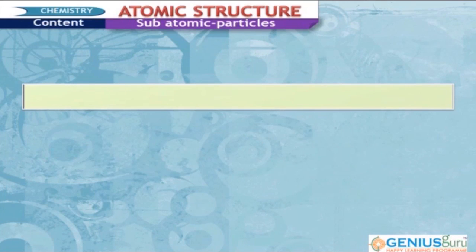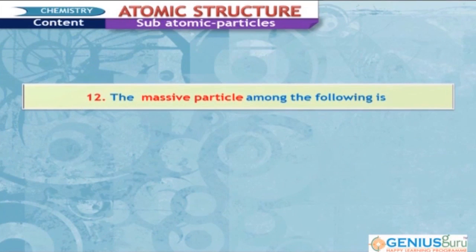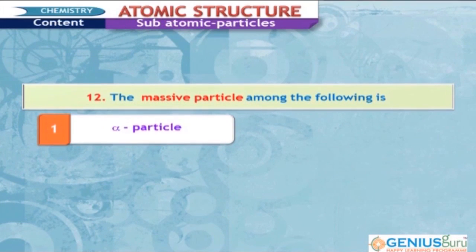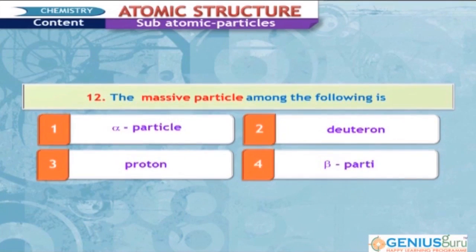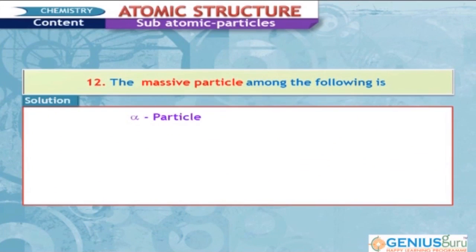The next question is, the massive particle among the following is, here are the options. The first one is alpha particle, second one neutron, third one is proton, and fourth one is beta particle. The alpha particle, regarded as 2He4, contains 4 units of mass.